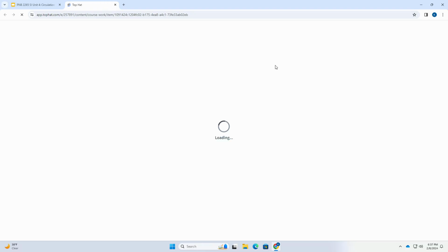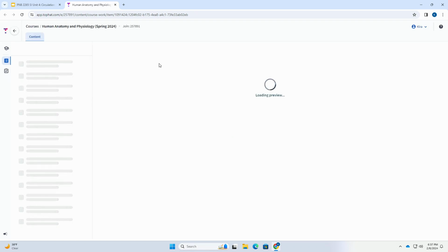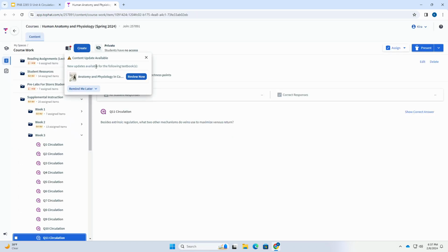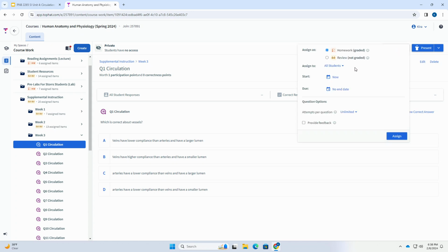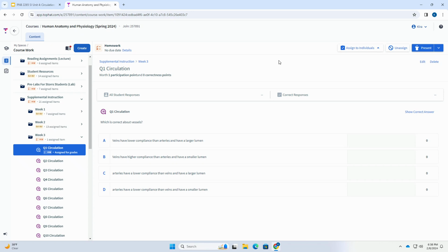Okay, got some Top Hat questions. I don't think you can see these yet. Okay, so I'm going to try to assign them as homework so I can see what you put for the answers. Okay, I think it works.